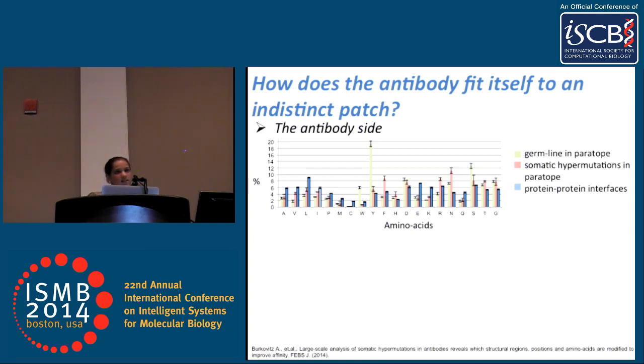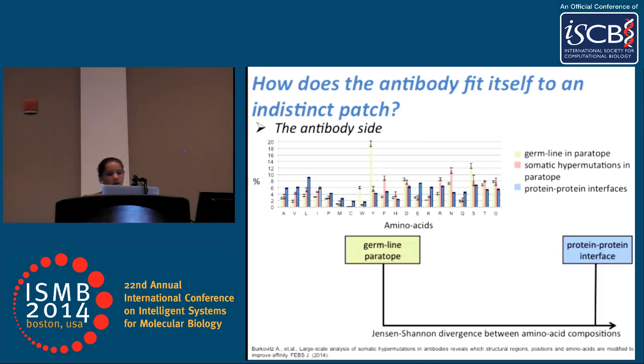This process happens after the antibody meets the antigen for the first time, where many mutations are introduced to improve the affinity of the antibody for its antigen. And in blue, you can see the amino acid composition of general protein-protein interfaces. You can see that each of these groups of residues has a unique amino acid composition.